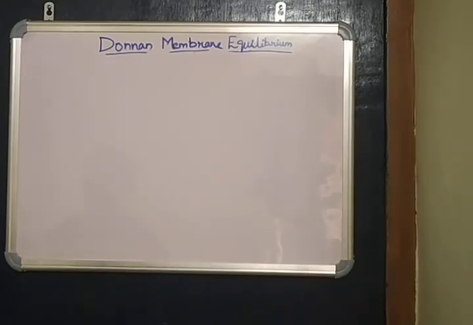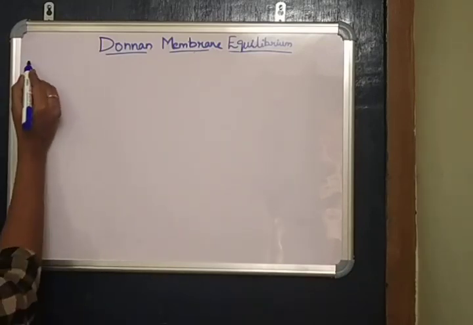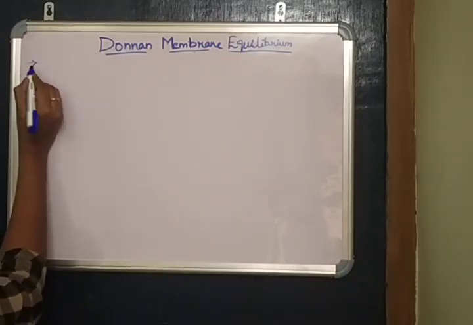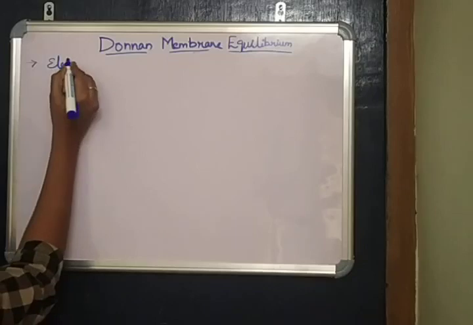In today's class, we are going to learn about the Donnan membrane equilibrium. Donnan membrane equilibrium is an electrical property of colloids.